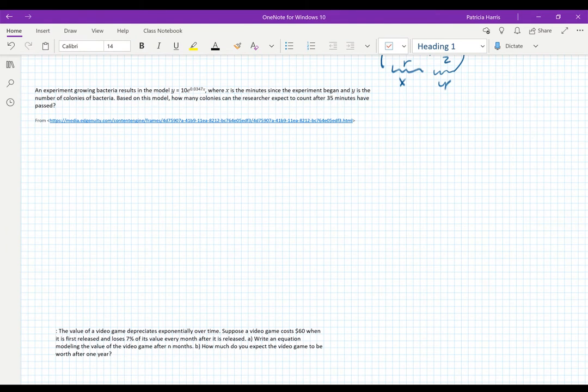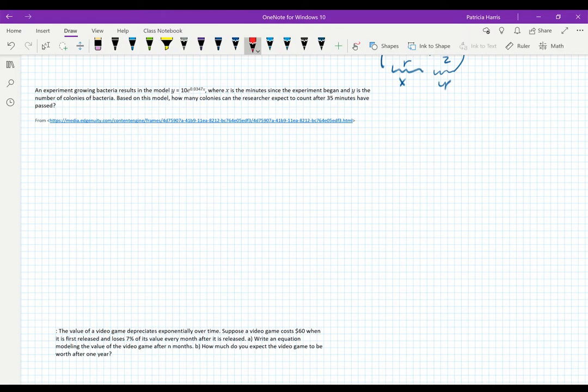For the first one, we have an experiment growing bacteria resulting in the model y equals 10e raised to the 0.034x, where x is the number of minutes since the experiment began and y is the number of colonies. Based on this model, how many colonies can the researcher expect after 35 minutes have passed? So we know that y is the number of colonies.